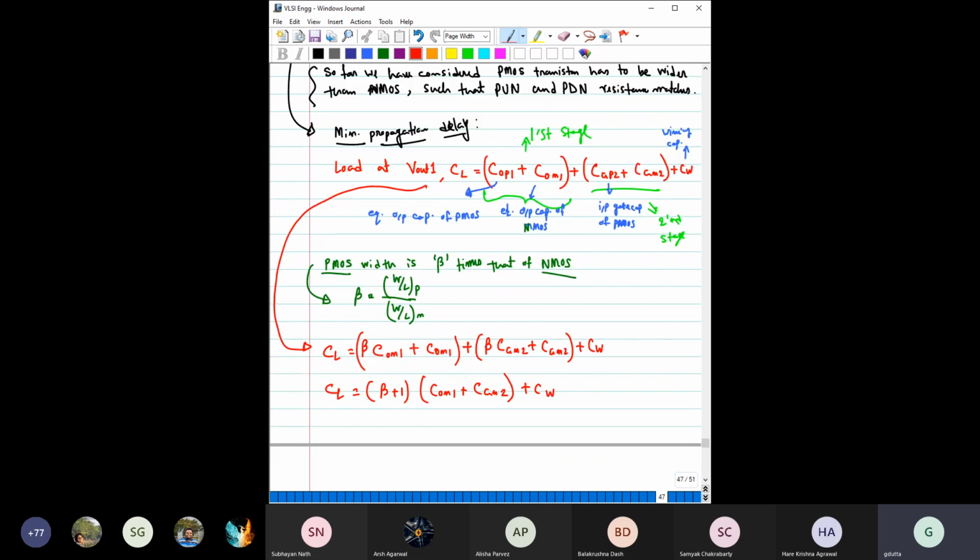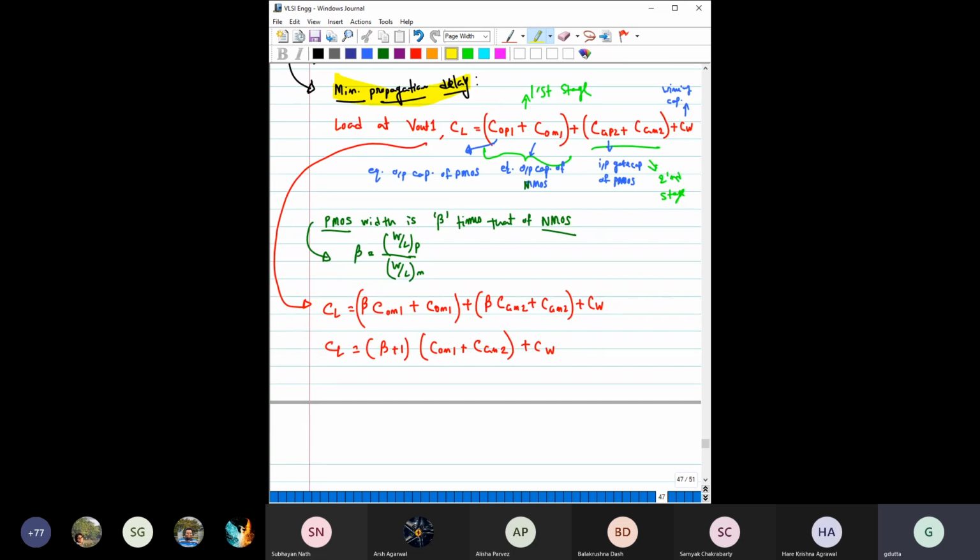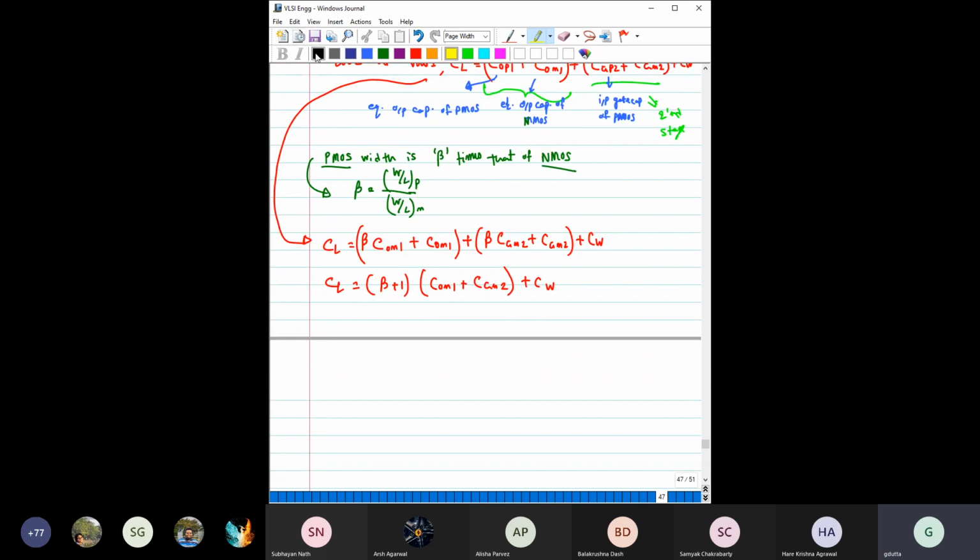Our goal is to find the minimum propagation delay. For that, CL is one component. The other component is R equivalent. So let us write that part. What is R equivalent?